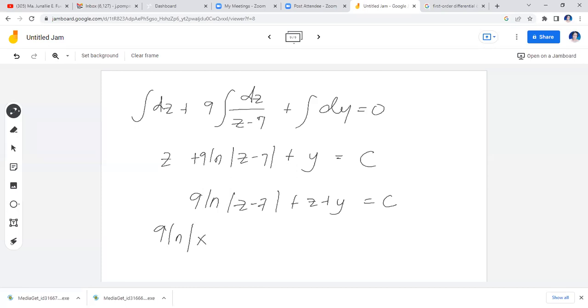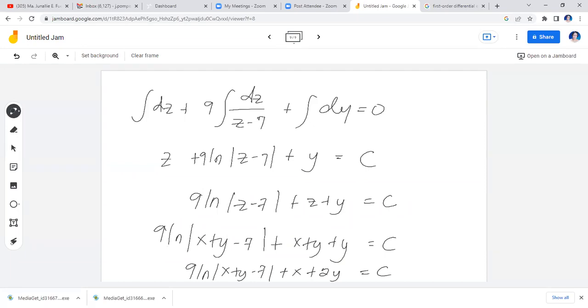So you have 9 ln of x plus y minus 7, plus x plus y plus y. So we can combine: 9 ln of x plus y minus 7 plus x plus 2y.